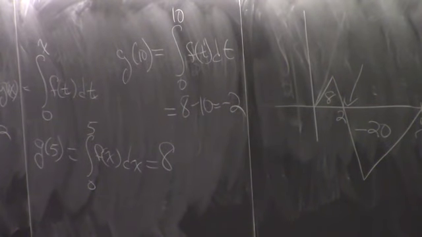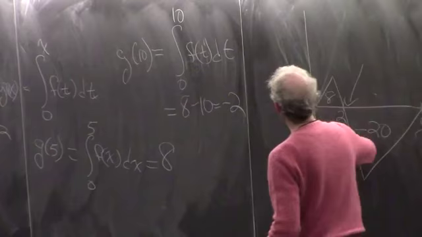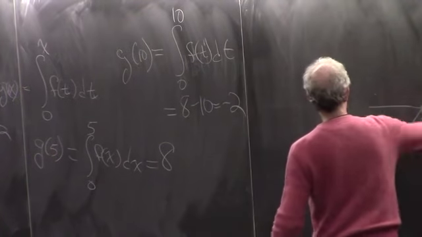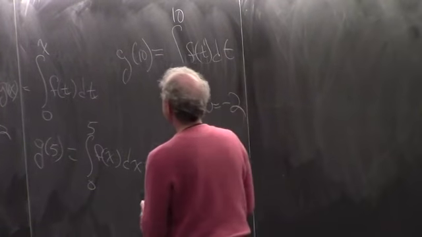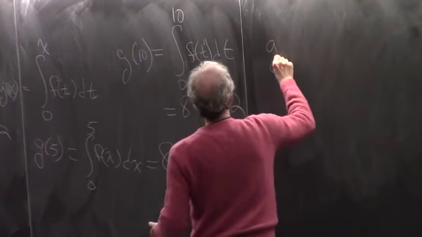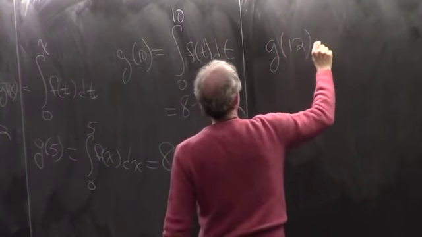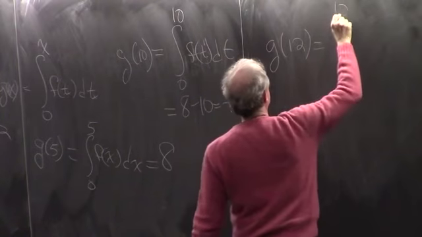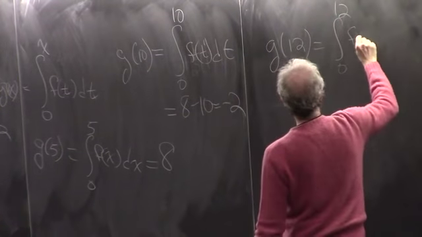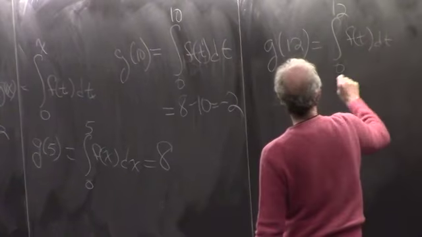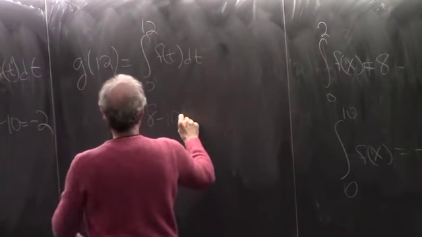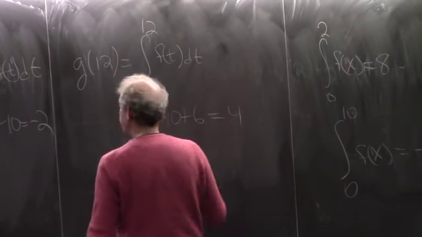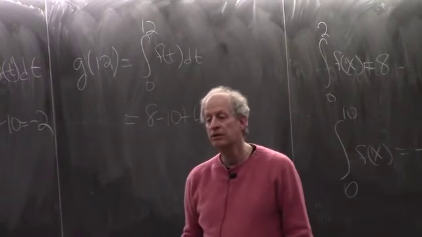You understand why that's negative 2? I mean, you're just adding the areas. Okay, and if I said, what's g of 12? The integral from 0 to 12 of f of t dt, which would be 8 minus 10 plus 6, which is 4.